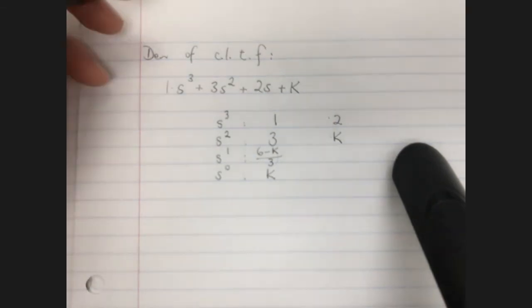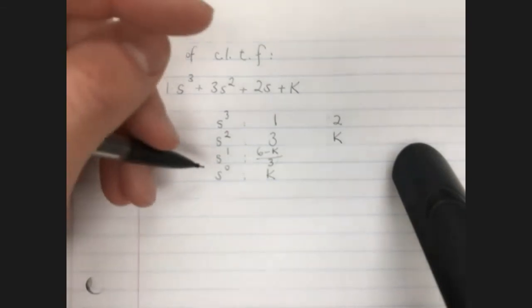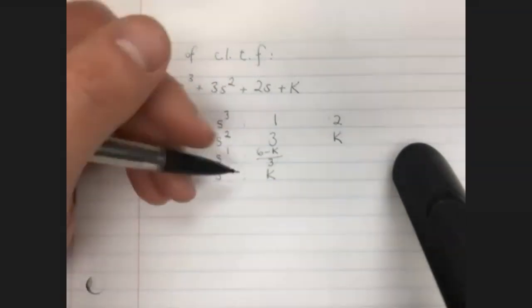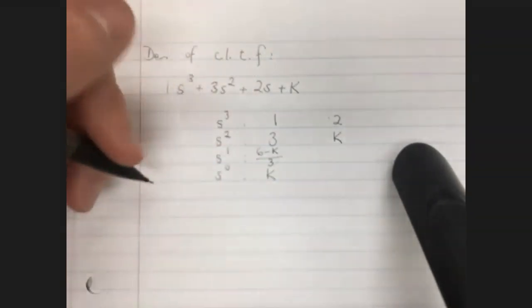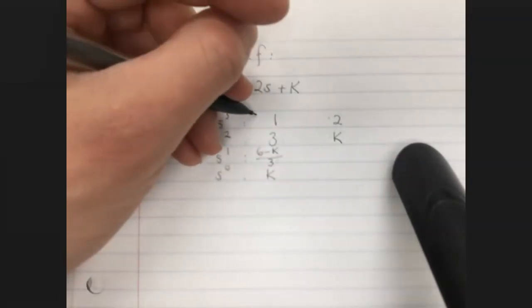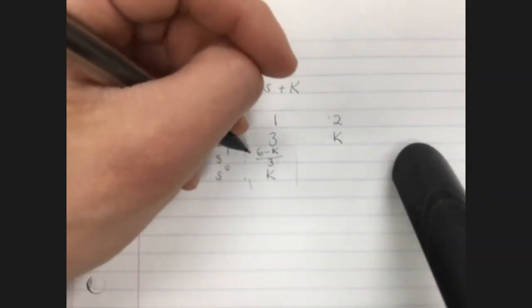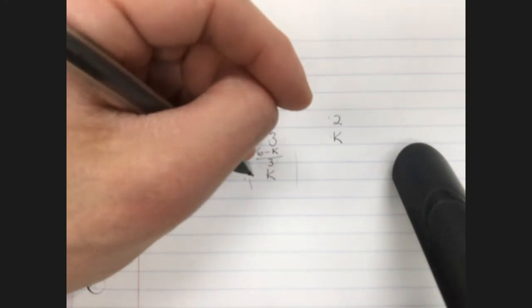Right, so notice that this is going to be stable as long as everything is of the same sign. So here I've got positive, positive. So this needs to be positive, and this needs to be positive as well, right?